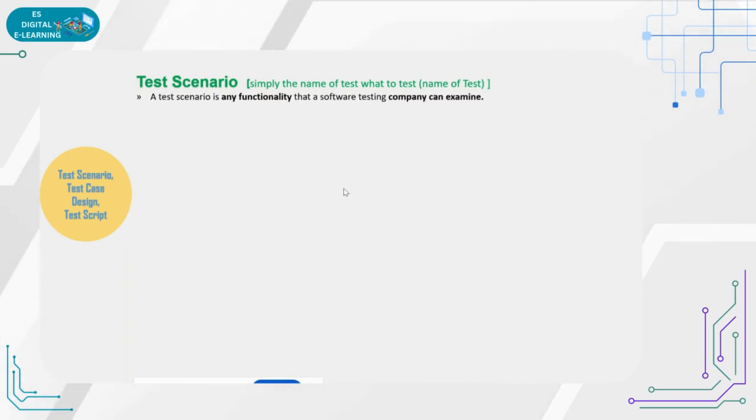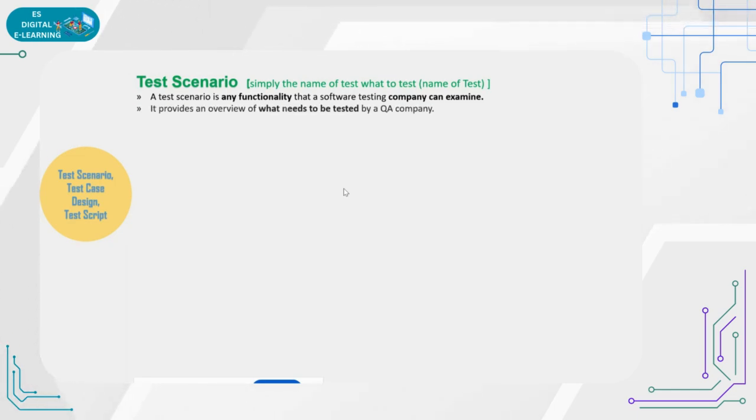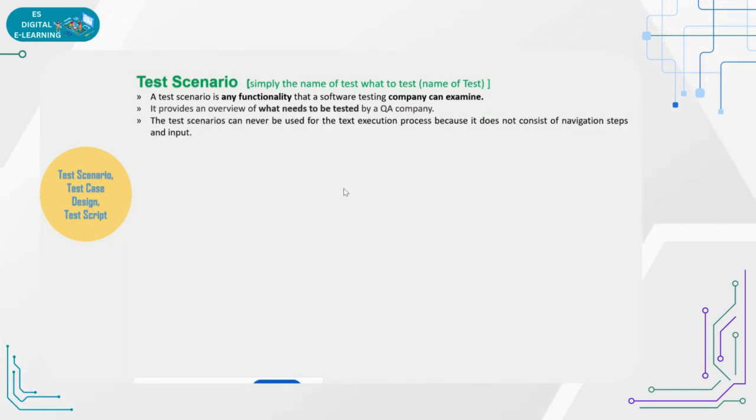A test scenario is any functionality that a software testing company can examine. It depends upon the company and the project, what they will do on the testing part. And what needs to be tested is decided by the quality engineer.